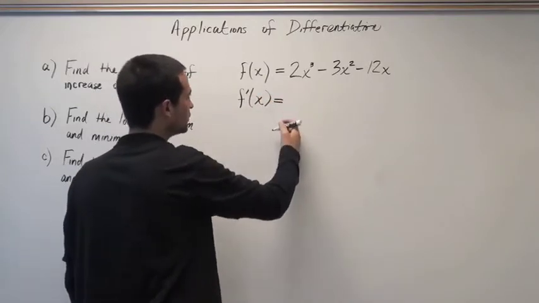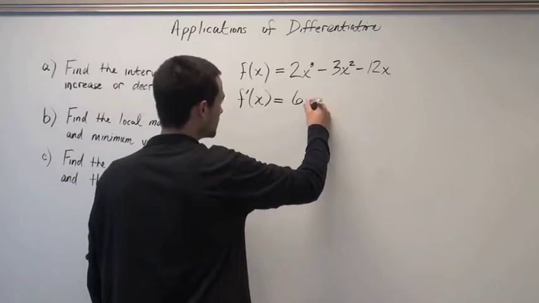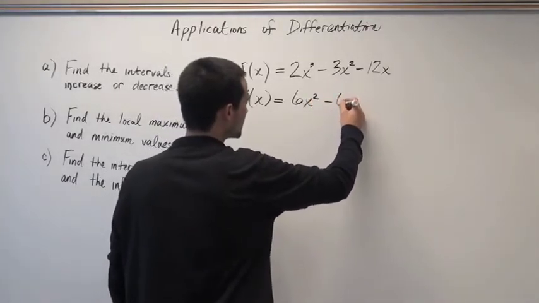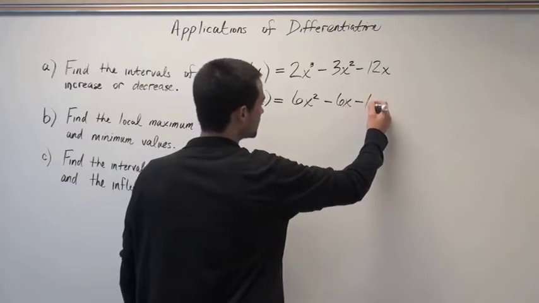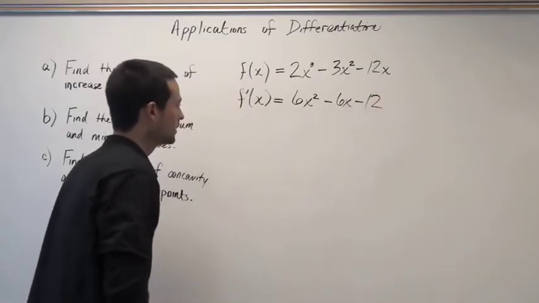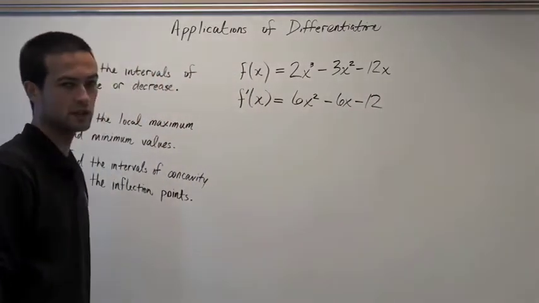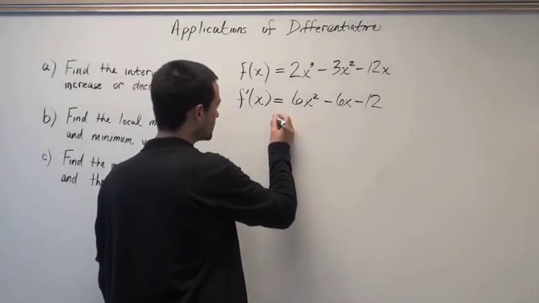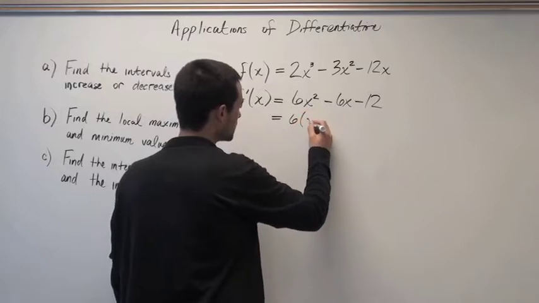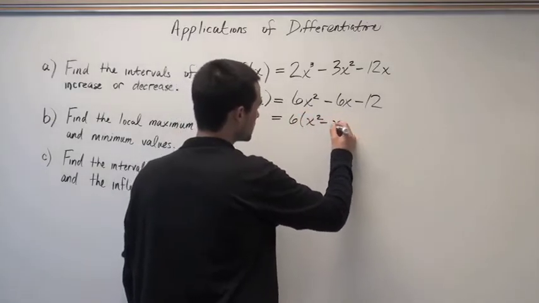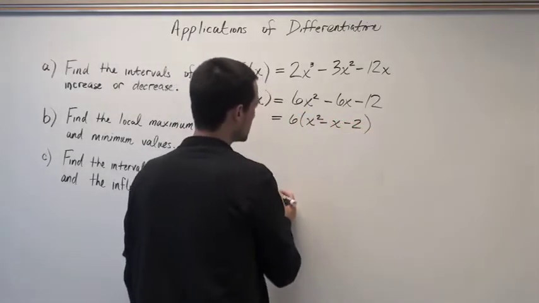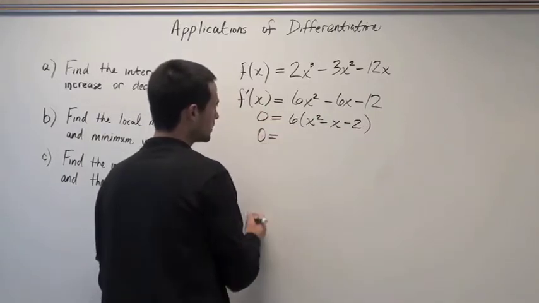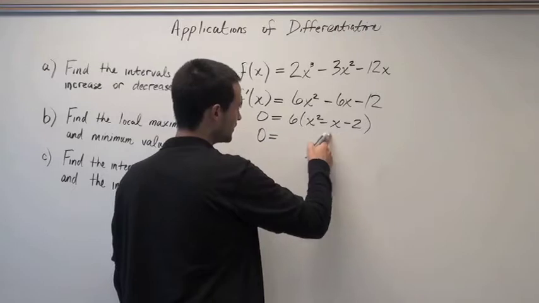The derivative of 2x cubed is 6x squared, minus the derivative of 3x squared is 6x, minus 12. So now we need to set that equal to 0. But they have a common factor of 6, so we can factor that out. And we want this to be equal to 0.